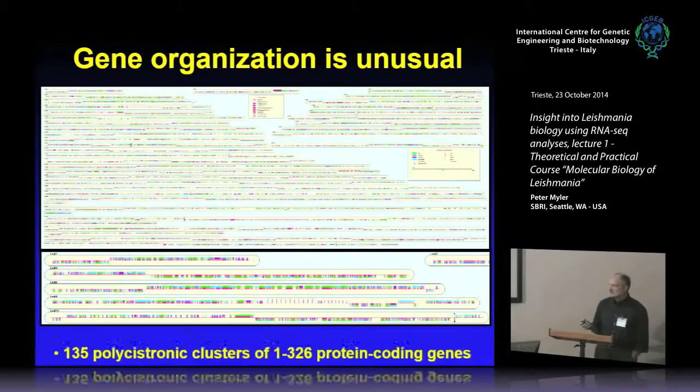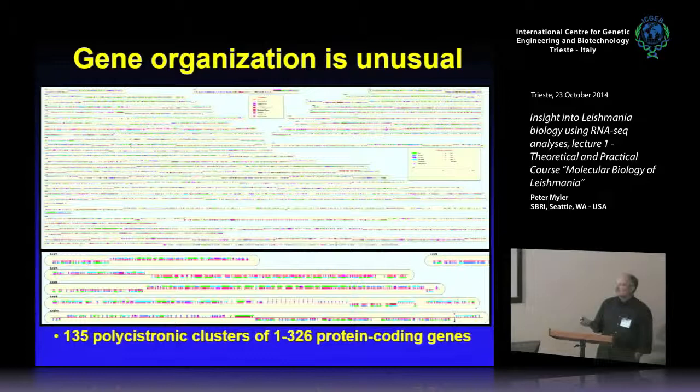In trypanosomatids, there are these clusters of genes all on the same strand, so that they're transcribed in polycistronic fashion. And there can sometimes be up to 300 genes on the same strand.